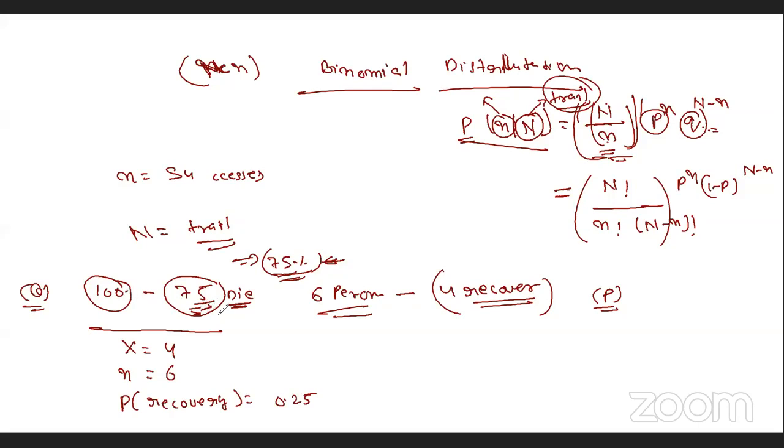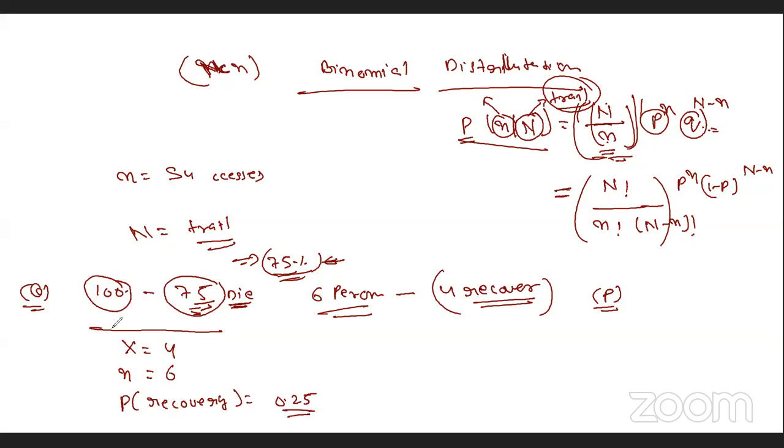So the probability of failure is equal to 0.75, and at the same time the probability of recovery is nothing but 0.25, that you will get. So not an issue, it's completely fine.